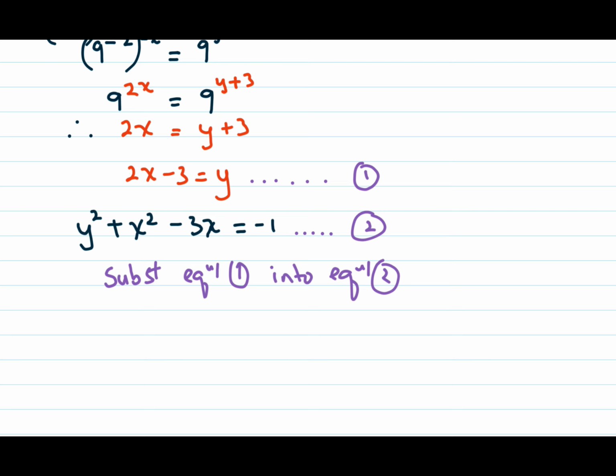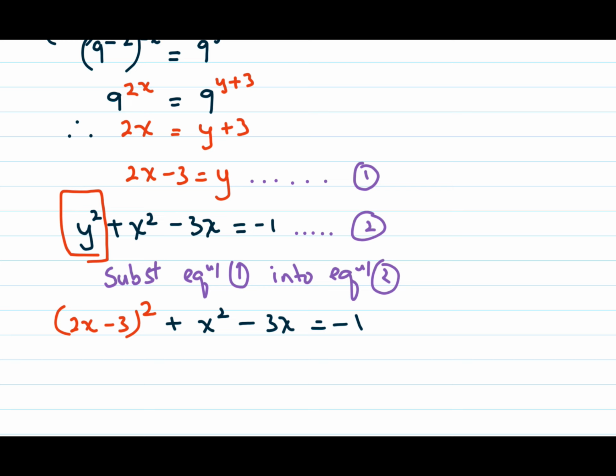So we see equation 1, we have y is equal to 2x minus 3. And in this equation, this is our y. So instead of writing y, we're going to write 2x minus 3, and then of course it's going to be squared. So we'll have 2x minus 3 squared, that is y, and then we have plus x squared minus 3x is equal to negative 1.